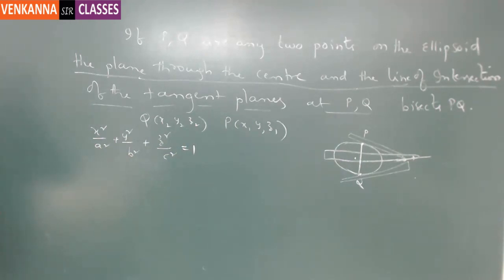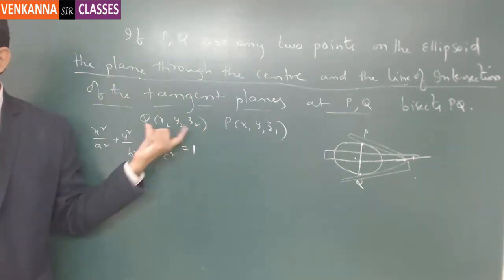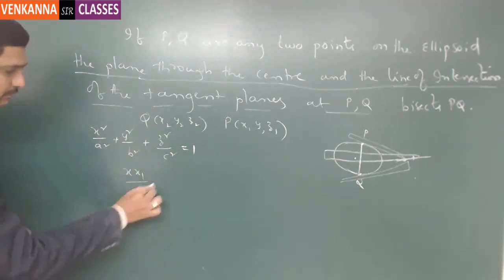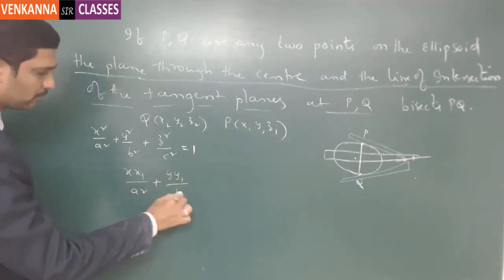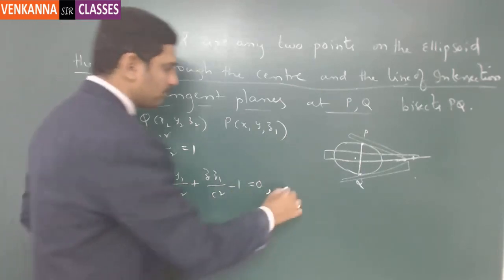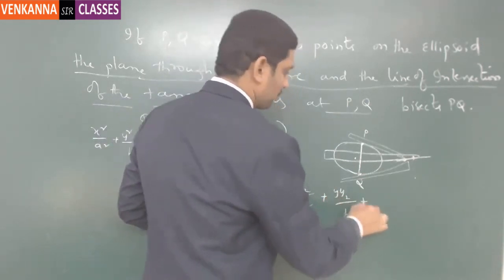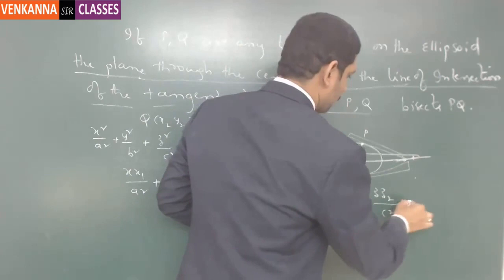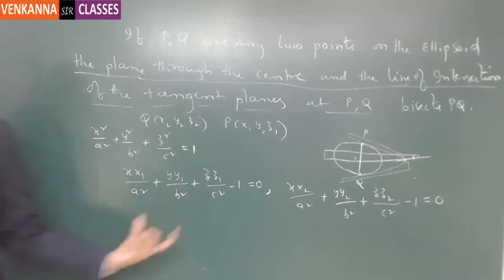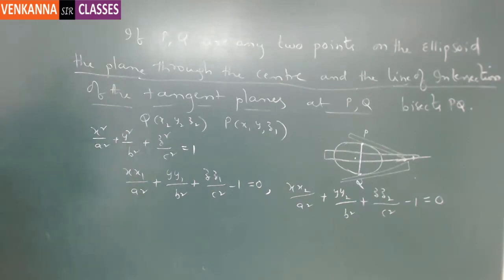As I am considering the tangent planes at the first point and at the second point, the tangent planes for me are nothing but these. So this is the tangent plane at P, this is the tangent plane at Q. Agreed?